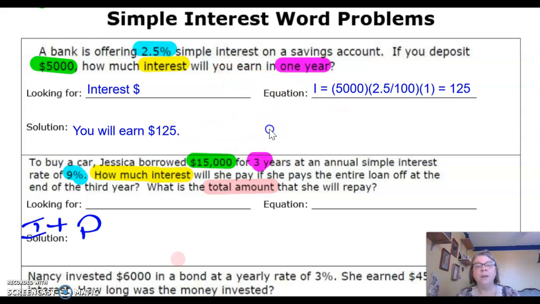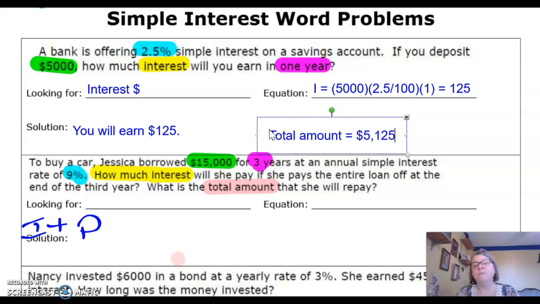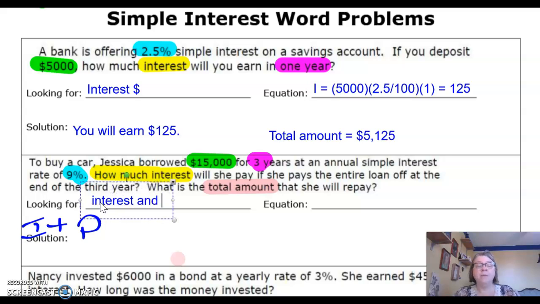She earned 125. So her total amount would be $5,125. Put the two together and that's what you get for total amount. All right, so I am looking for two things here: the interest and the total amount.